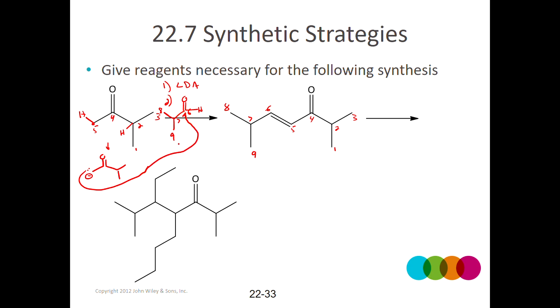This is an aldol type reaction, and it'll push electrons up to that oxygen. And so that will initially produce something that looks like this. So I'll have carbon 1, 2, 3, 4, so that's already 2, 4, and 5.